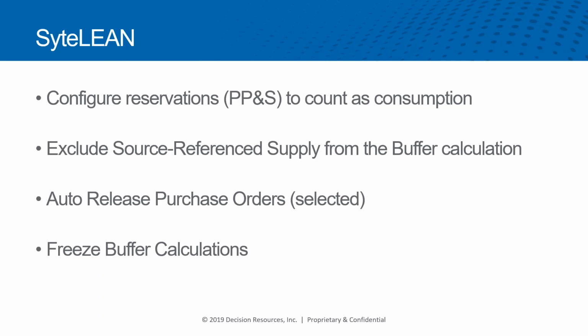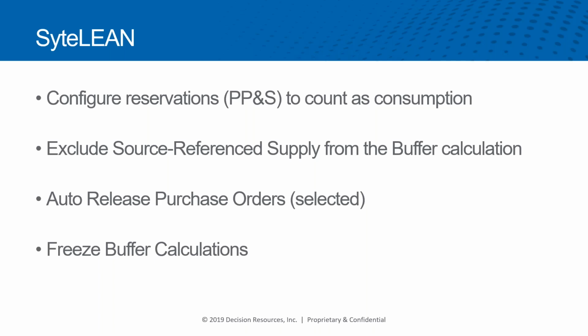It's a hard connection. Those two things aren't used for anything else. So in effect, there's no need for either the demand or the supply to be involved in the SyteLEAN process. So we'll give you that capability. I'm going to show you in just a moment where our auto release purchase orders is. That's a pretty cool feature.